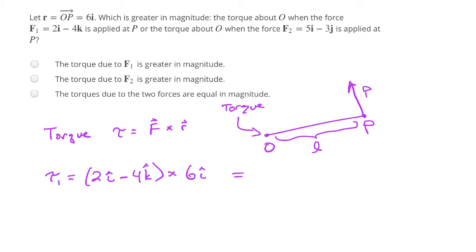We can use the distributive property, so this looks like 2 times 6, so we have a 12 of i cross i, and then negative 4 times 6 is a negative 24 of k cross i.